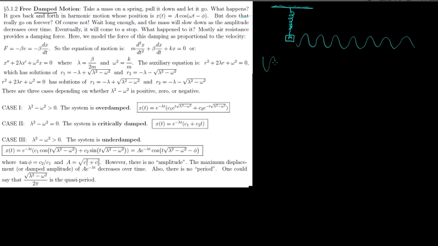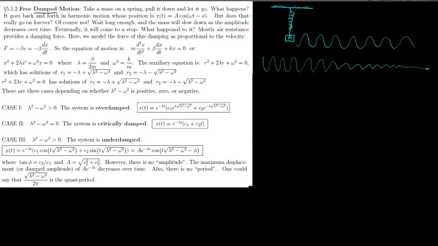You might go back and forth for a while, but eventually it's going to slow down and the amplitude gets smaller and smaller until it comes to a complete stop. As a practical matter, this periodic motion doesn't go on forever. Eventually it comes to a grinding halt. It might take some time, but that's what happens.